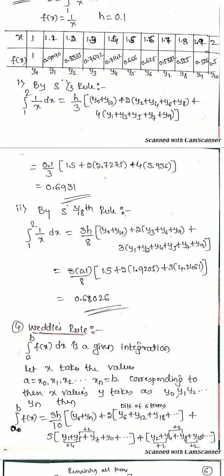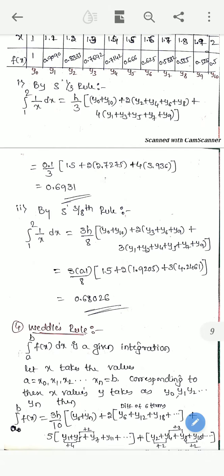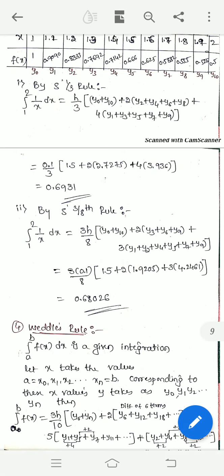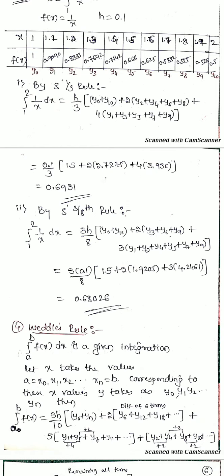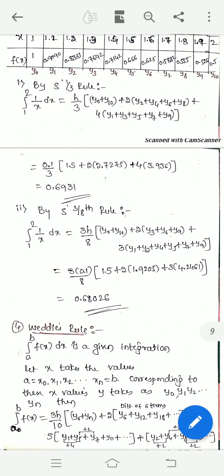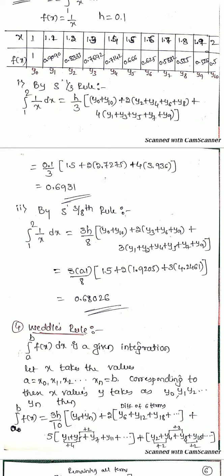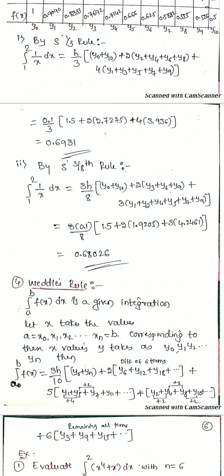So in the above formula, where h equals 0.1, divided by 3 into 1.5 plus 2 into 2.7275 plus 4 into, adding all these values, 3.936. So we are getting the result as 0.6931.